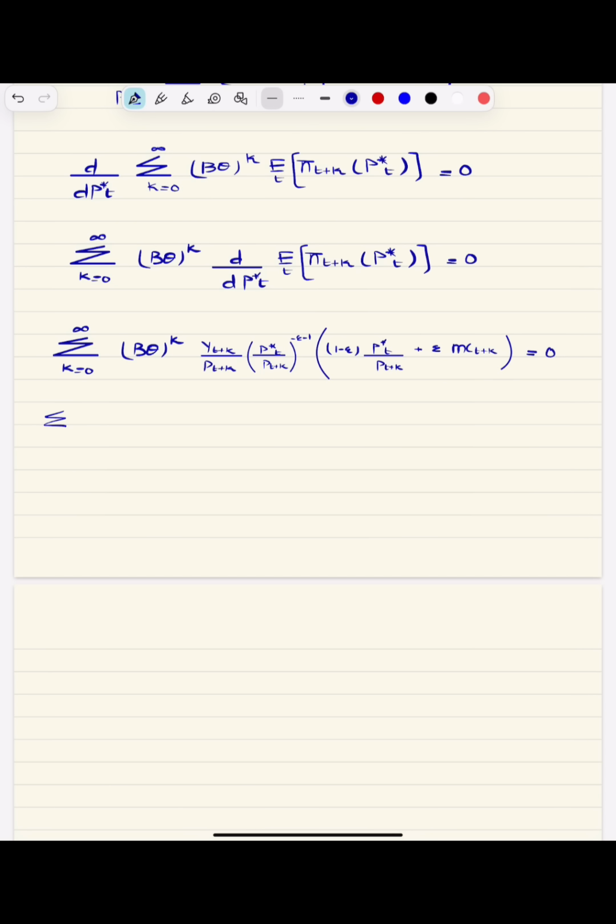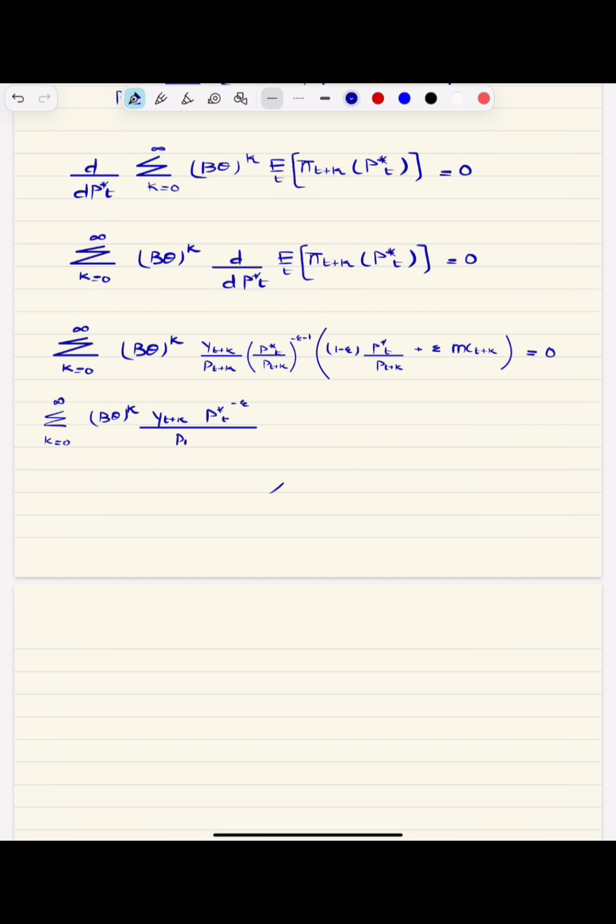Okay, let's open up the brackets from 0 to infinity, p theta power k, and then we have a y t plus k, and we'll have a p hat t minus epsilon, and in the denominator we'll have, okay, this has a power 1, the next has a power e minus 1, then we have a plus 1, so it's just a 1 minus e.